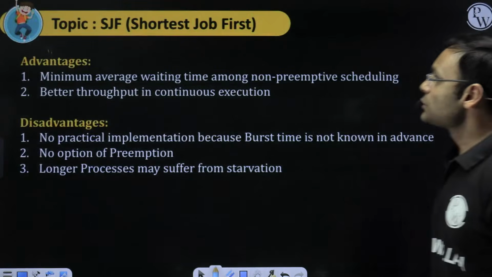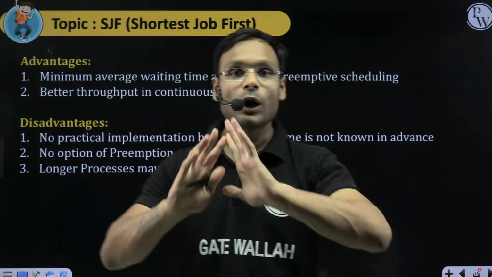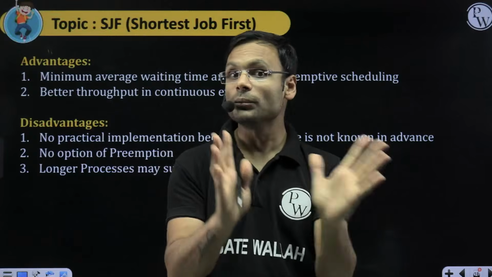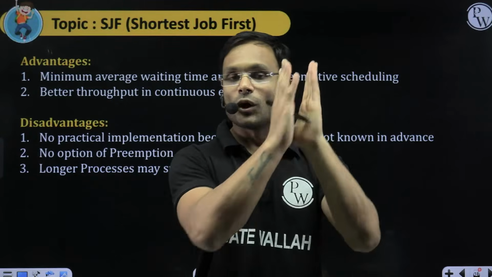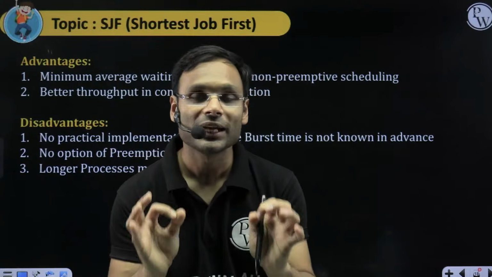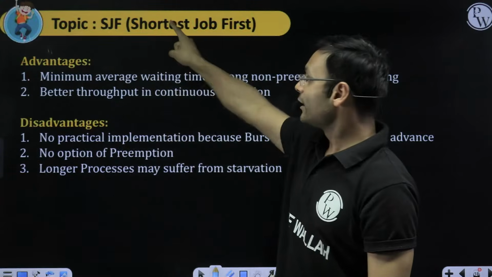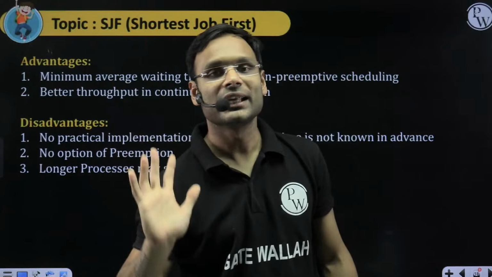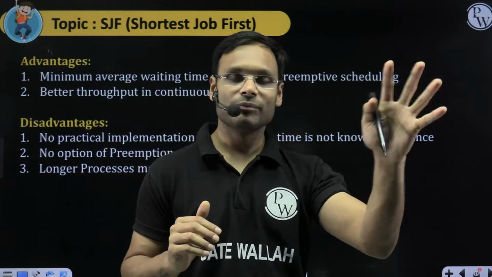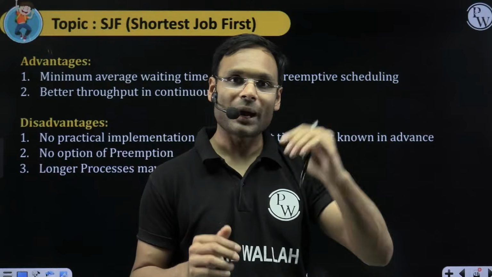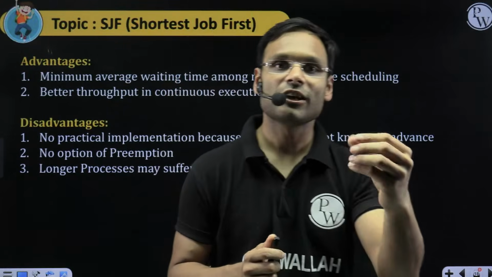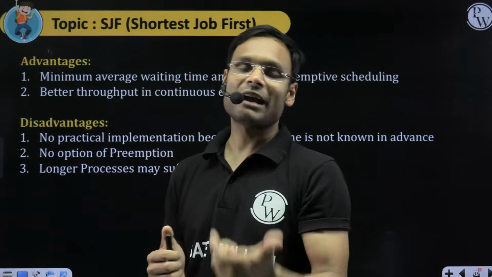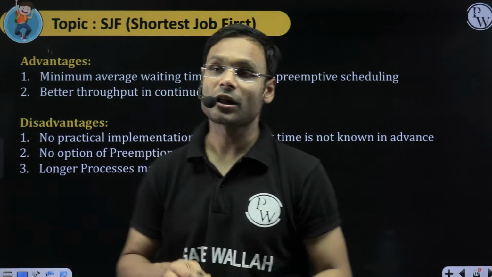The advantage of SJF is that among all the non-preemptive algorithms, SJF is also a non-preemptive algorithm, and it provides the minimum average waiting time. If you apply all the non-preemptive algorithms on a given scenario of processes, SJF will always provide the minimum average waiting time and minimum average turnaround time.